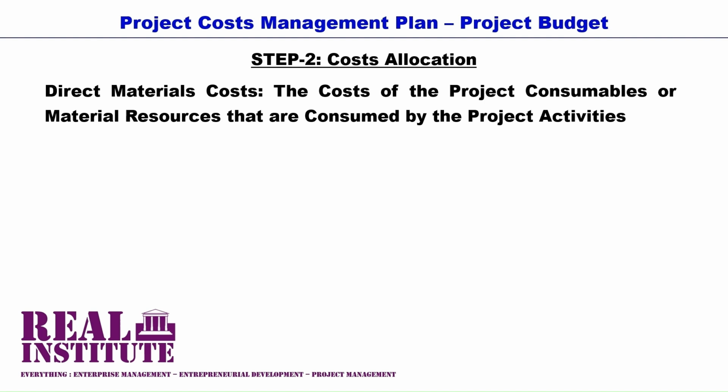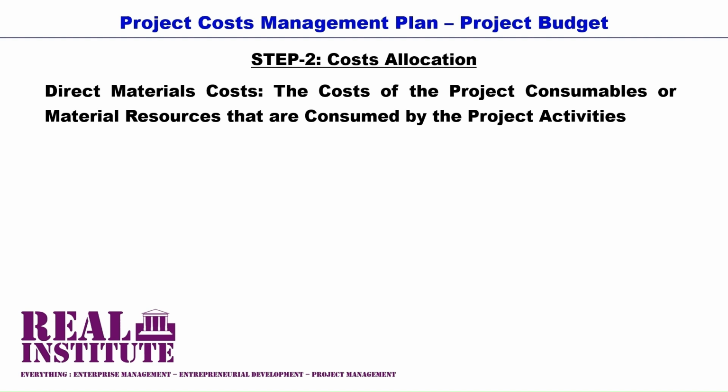Direct material costs refers to the cost of the project consumables or material resources to be used in performing the project activities, which is the money used to purchase the project consumables or materials from suppliers.